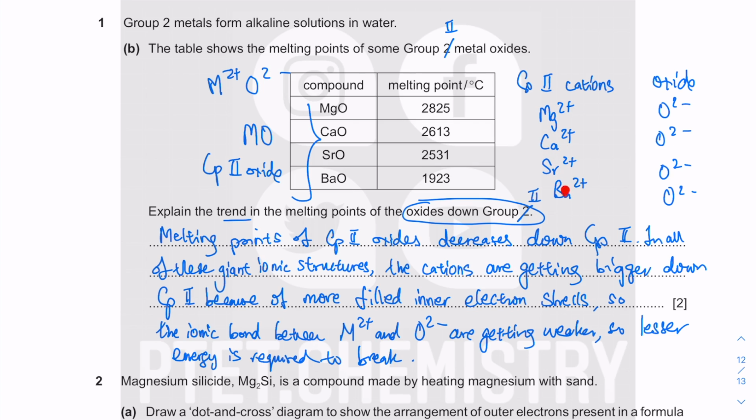Going down each group, the size is getting bigger because you are filling in more and more shells, so your valence electrons are further and further away from the nucleus. The more shells you have, the weaker the ionic bond, because the cations and anions are attracted as a result of the charges in the nucleus as well as the charges of the electrons.